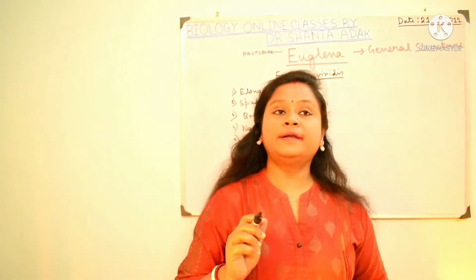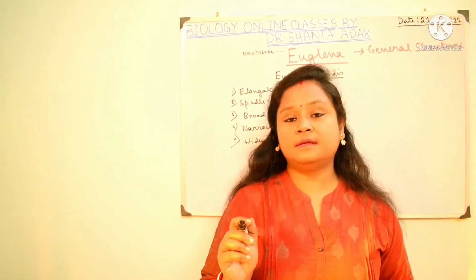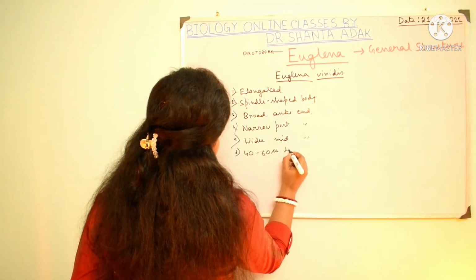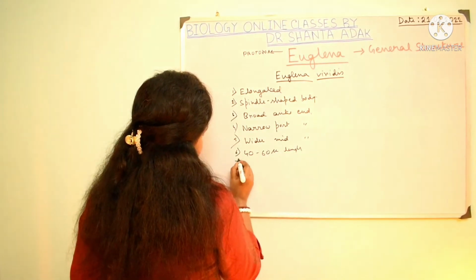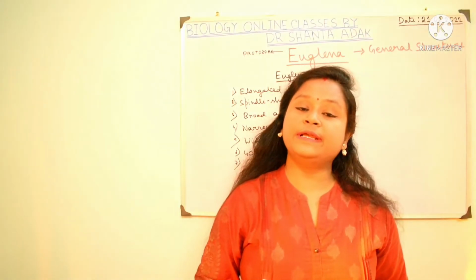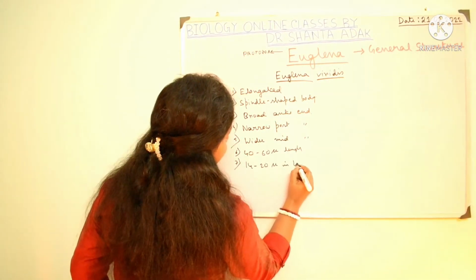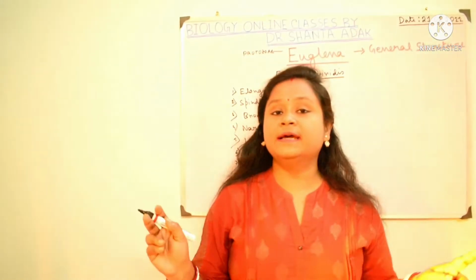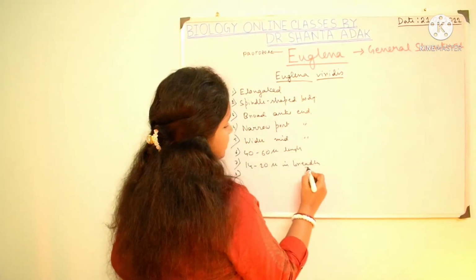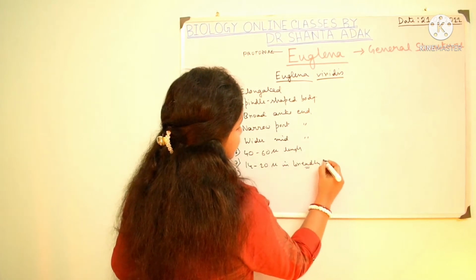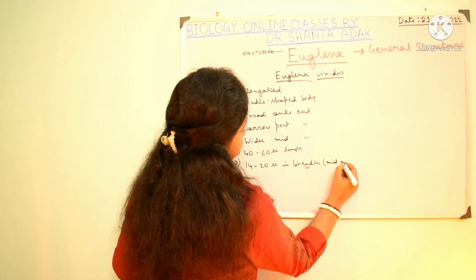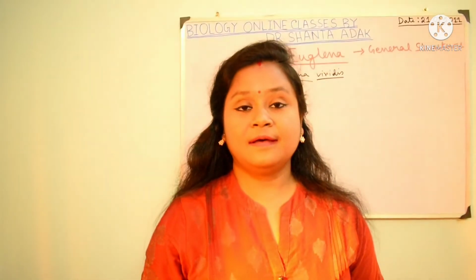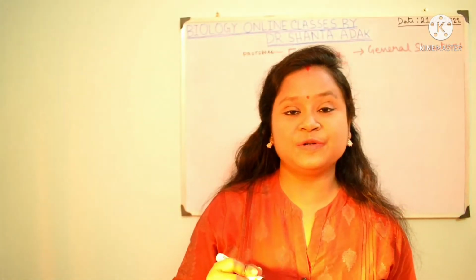The wider middle part is 40 to 60 micron in length and 14 to 20 micron in breadth at the wide area. Let's draw a cute structure of Euglena.